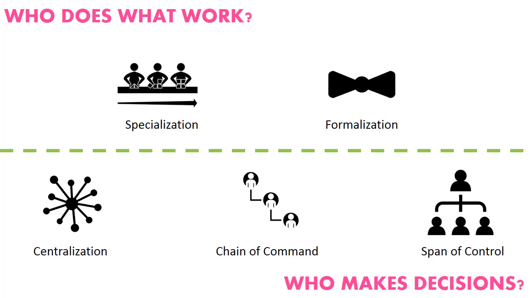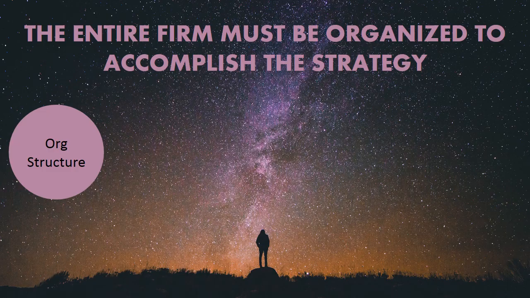So today we talked about organizational structure. Organizational structure answers two main questions for businesses. Who does what work? And we answer that question with specialization and formalization. And who makes decisions? That's centralization, chain of command, and span of control. Why do we care about organizational structure?